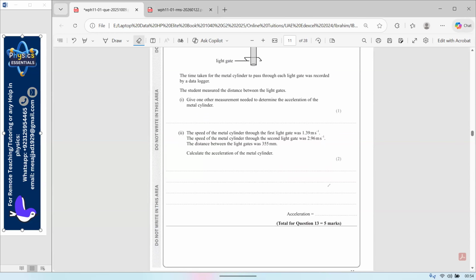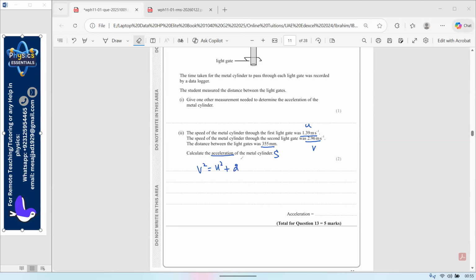The speed of the metal cylinder through the first light gate was 1.39. So this is U. The speed through the second light gate was 2.96. This is V. The distance between the light gates was 355 millimeter. This is S. Calculate the acceleration. So you can easily apply the third SUVAT equation: V square equals U square plus 2as.